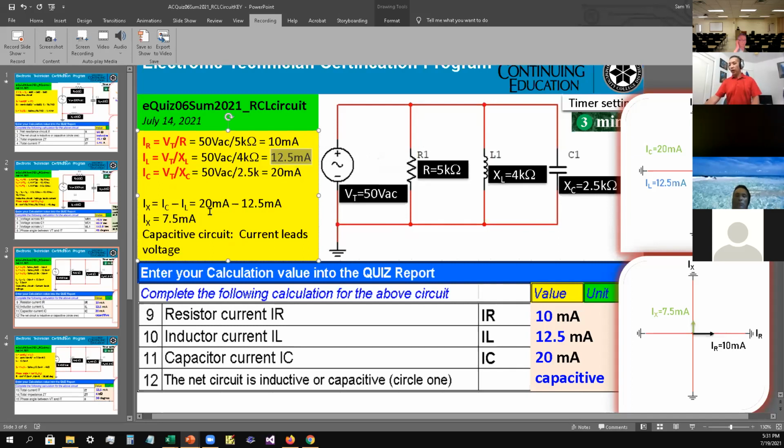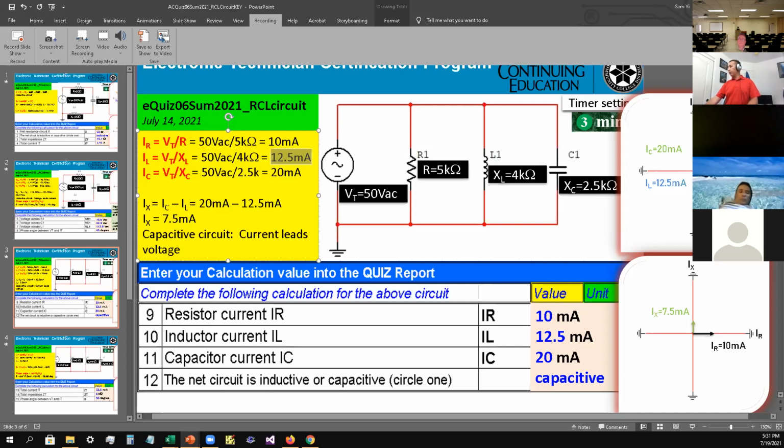I calculated IX, that's IC minus IL, and we're going to use this in the next step. As I did right here, your IC is pointing up at 20 milliamps. IL goes down because it's lagging in current, so that's 12.5, and IR is 10 milliamps.